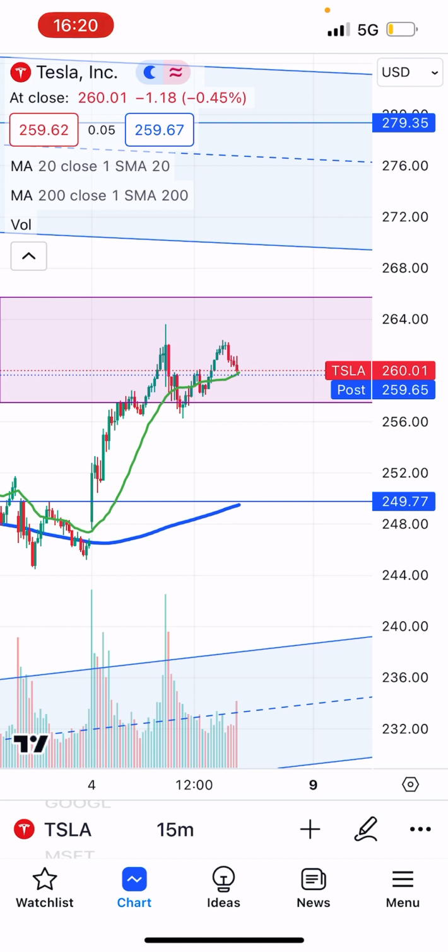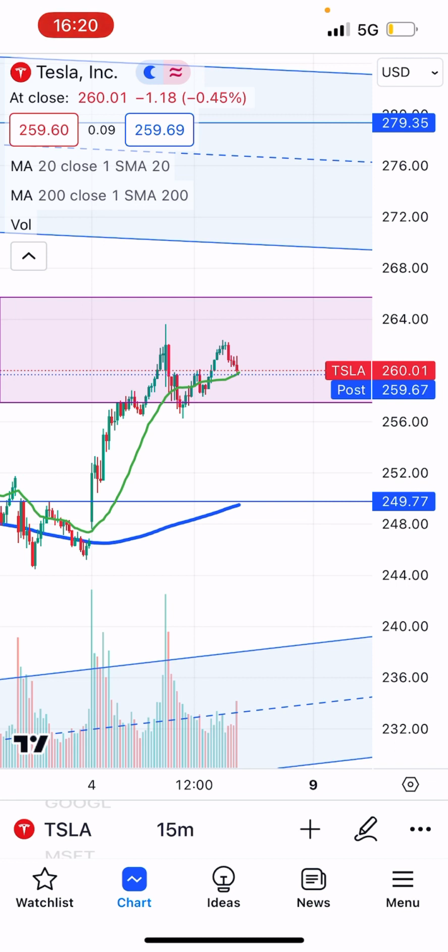And just a quick reason why we tend to gravitate or chop around that 260 level: as we go above the 260 level, market makers are going to be selling the stock because they're holding calls, right? So as the stock moves up, their calls are gaining delta, so they have to sell stock in order to reduce their delta exposure, right?